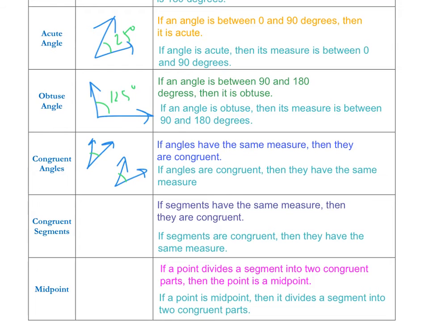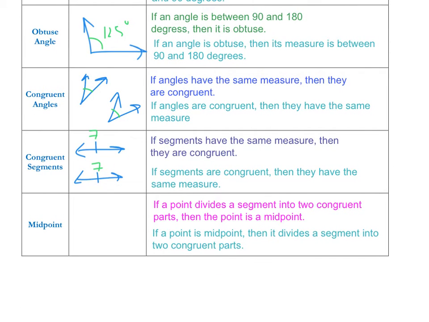What we did with congruent angles is the same thing for segments. If two segments have the same measure, then they are congruent. If two segments are congruent, then they have the same measure.